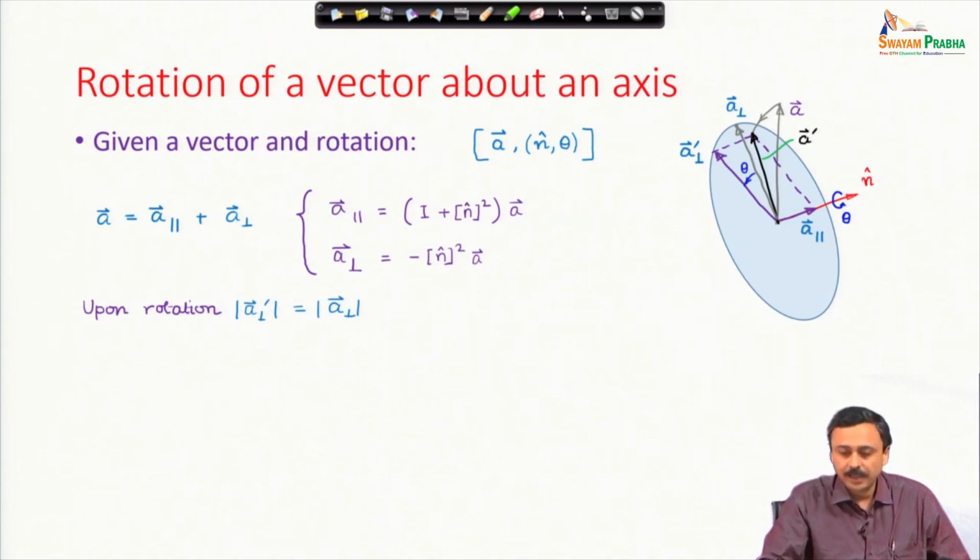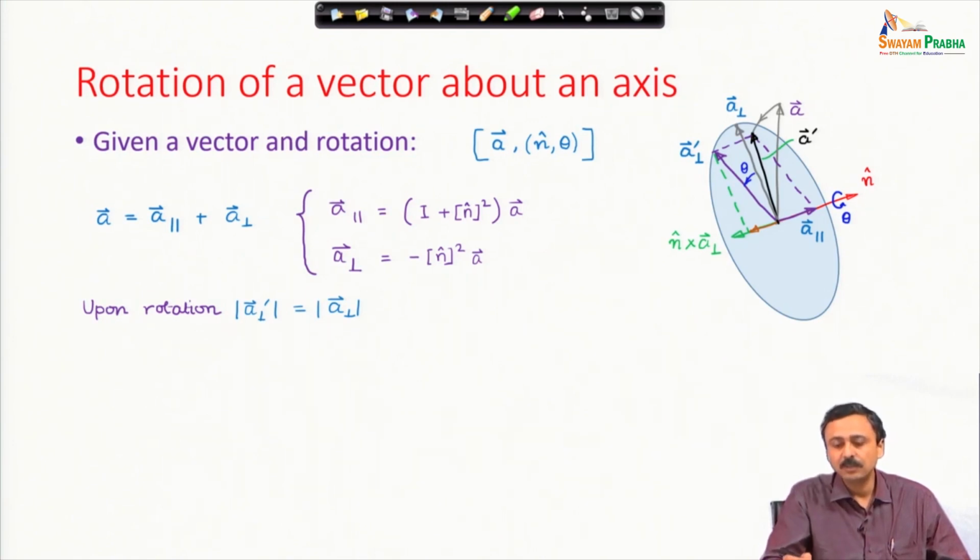When we rotate A perpendicular and get A perpendicular prime, the magnitude is not going to change. What is going to change is the direction. And how do I represent directions? I consider a vector which is perpendicular to both A perpendicular and the n cap vector.